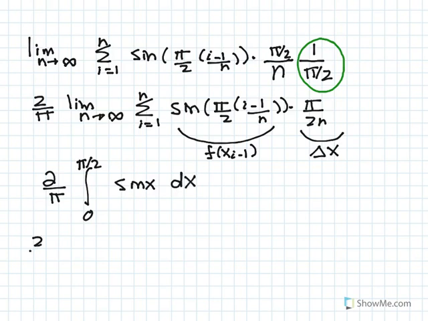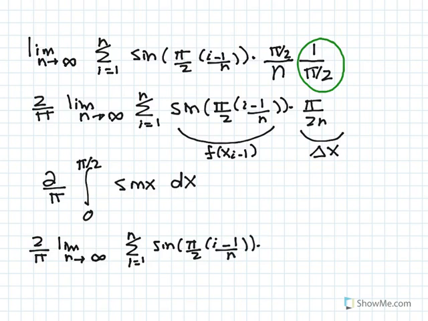So let's rewrite that. The Riemann sum was given as 2 over pi, limit, n goes to infinity, summation, i goes from 1 to n, sine of pi over 2 times (i minus 1) over n, times pi over 2n.